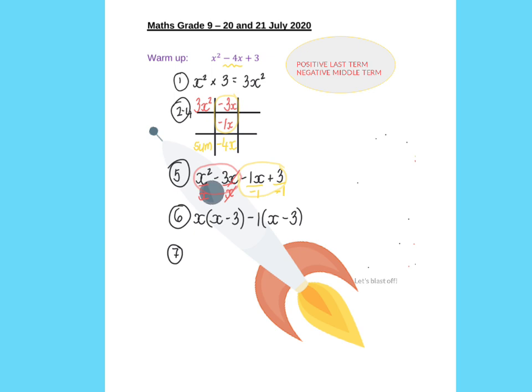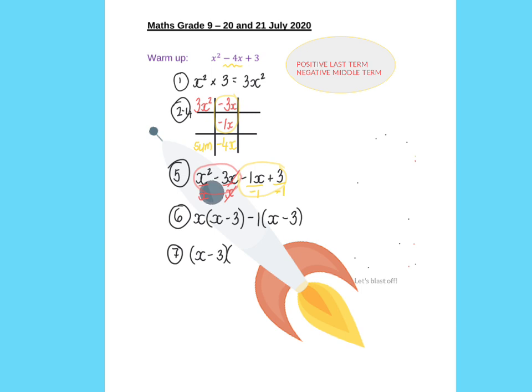So what is the next step? Do you remember? We're just simply going to divide by the common bracket. So we take out our common bracket as a common factor, and then we write the remaining value from each of these terms.